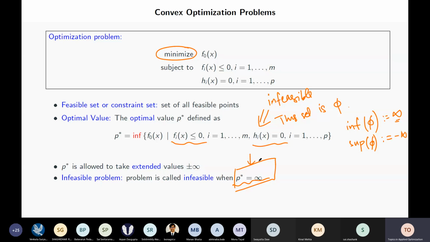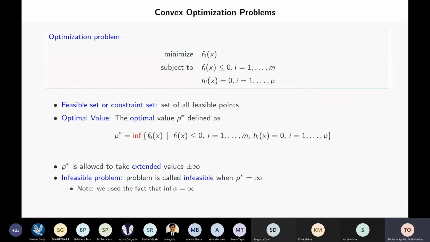So this is another way of saying that the problem is infeasible: when the optimal value we get is infinity, it directly implies that the feasible set was empty. These are the things that we remember; we use the fact that the infimum of the empty set is infinity.